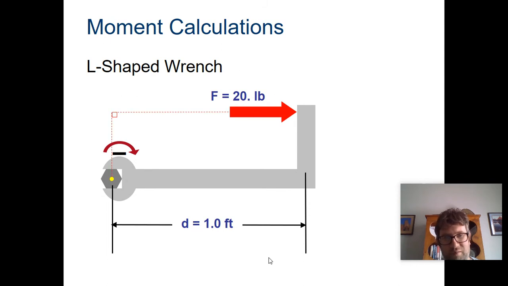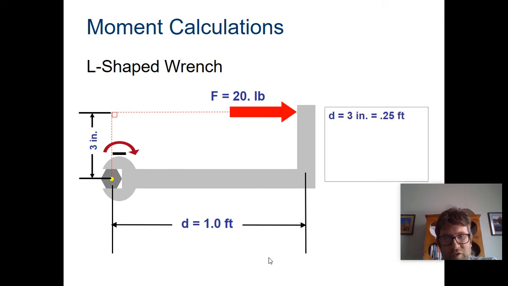So we make this imaginary line there in which we come over from the pivot point and up. So in that case, that distance is 3 inches. So remember, it's perpendicular, okay, still going negative. So we're going to use the 0.25 feet there instead of the 1 foot.